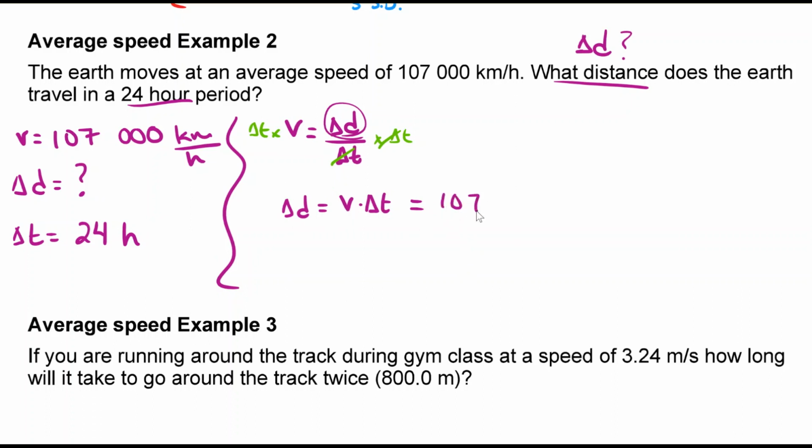So we have 107,000 kilometers every 1 hour. I'm just trying to make sure that you understand that this is what speed is. Speed is that we're traveling on average 107,000 kilometers through space in every 1 hour.